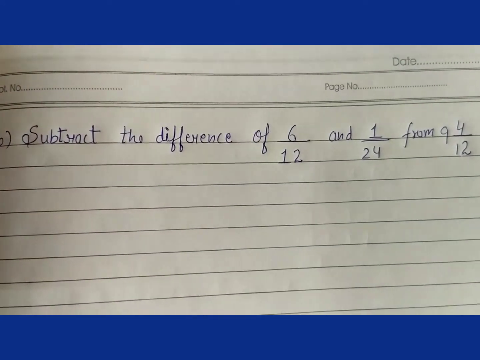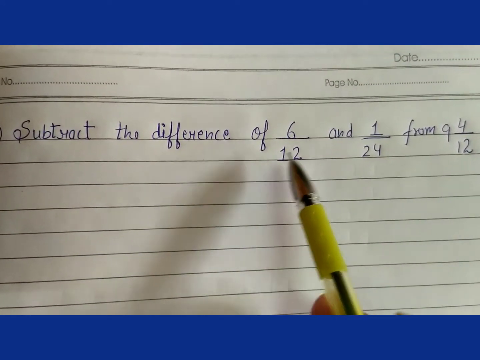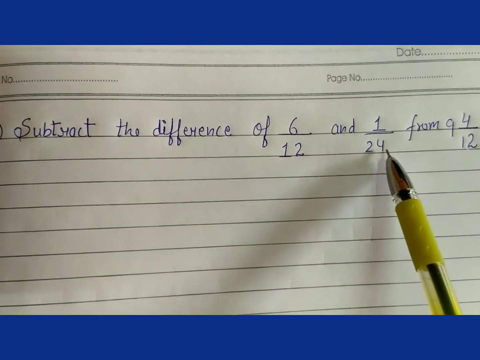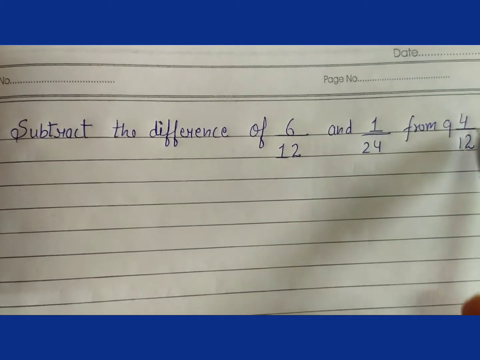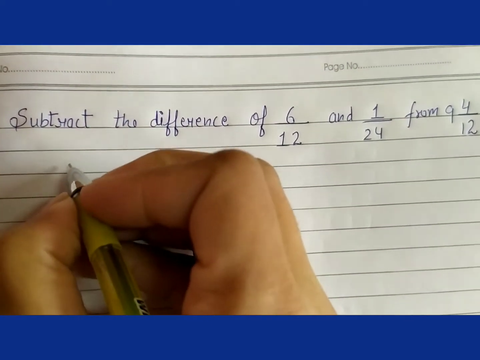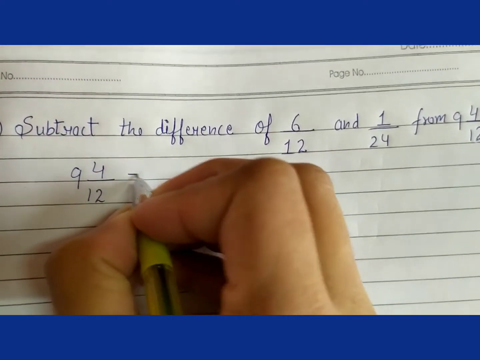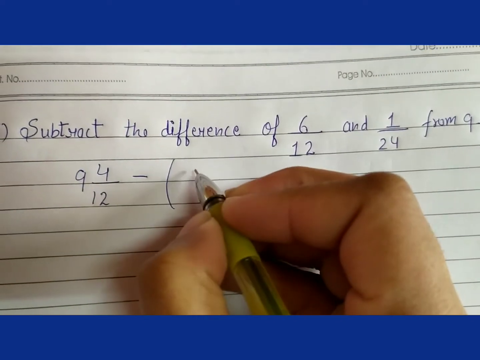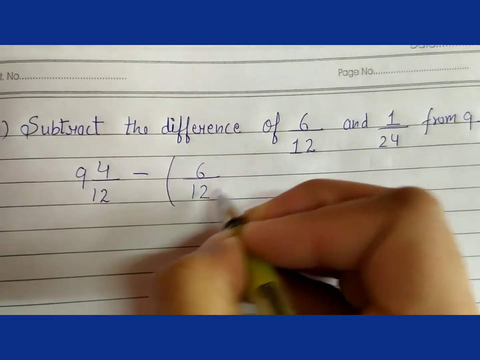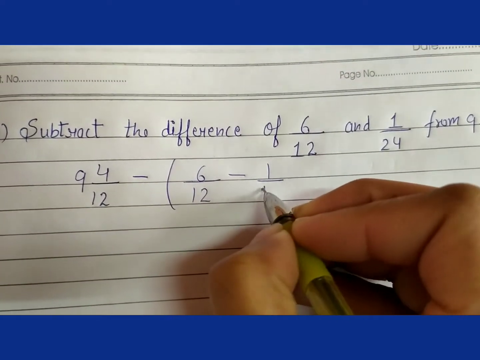Question number B. Subtract the difference of 6 upon 12 and 1 upon 24 from 9 4 upon 12. That is 9 4 upon 12 subtract 6 upon 12 subtract 1 upon 24.